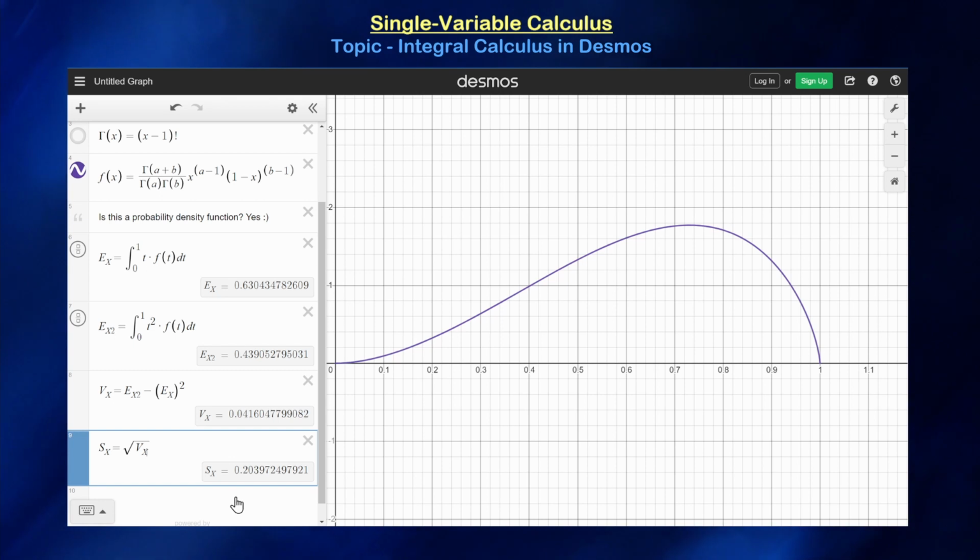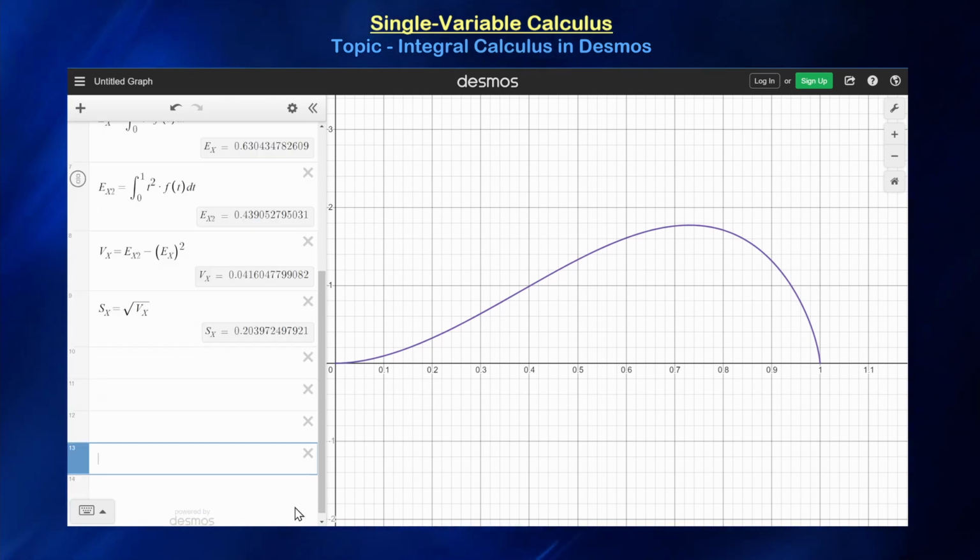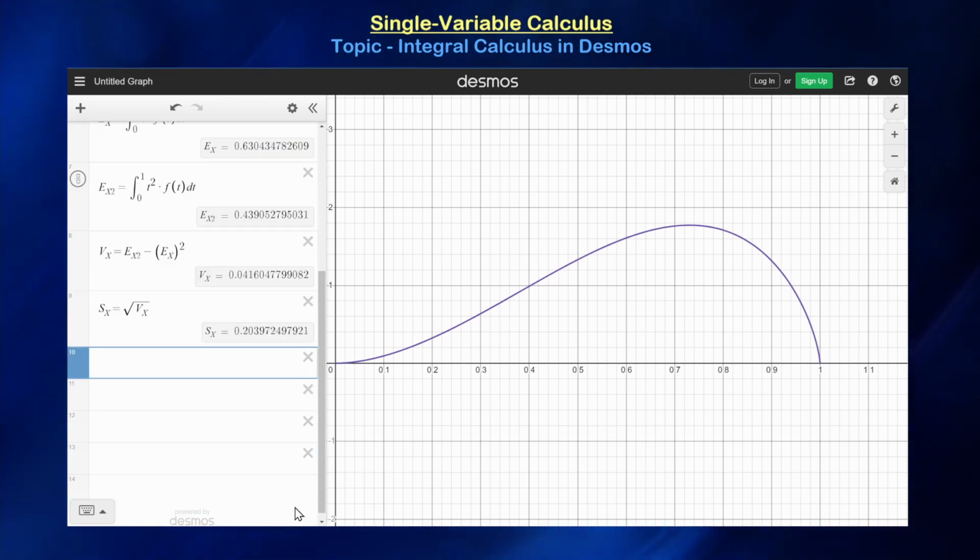So another calculation or set of calculations that you may want to do in Desmos is percentiles. In order to calculate percentiles, the easiest way would be to calculate its cumulative density function, or CDF for short.